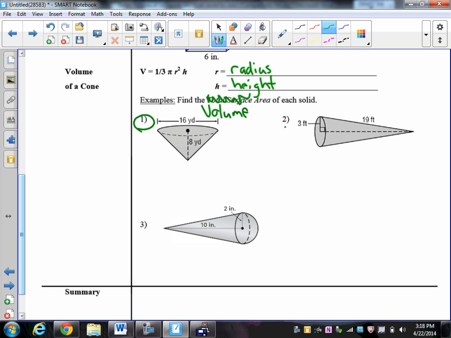So let's do 1 and 2 together. We're just going to use our formula, 1/3 pi r squared h. So we know the radius is going to be 8 yards, and the height is also going to be 8 yards. So all we do is just plug it in.